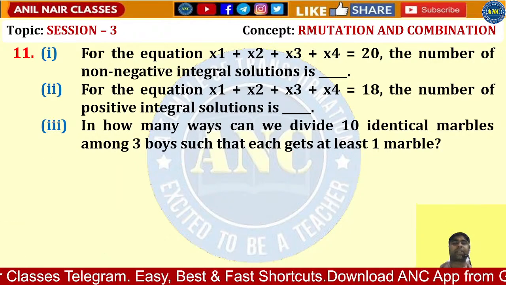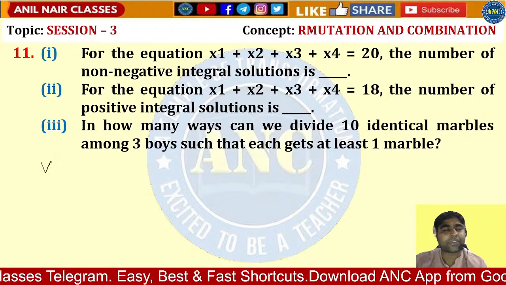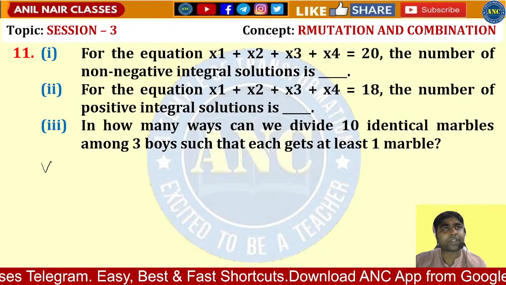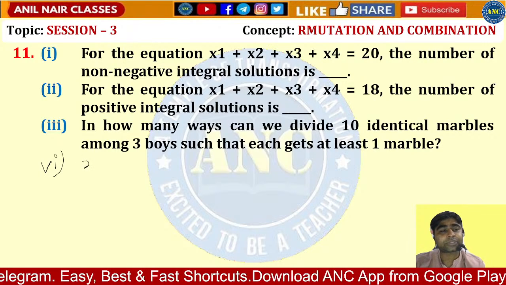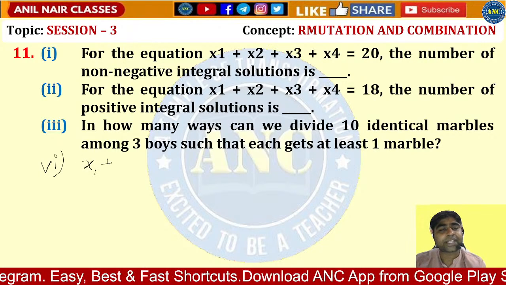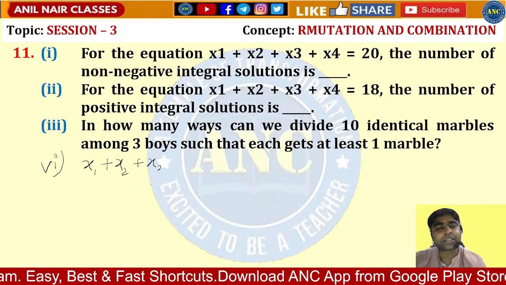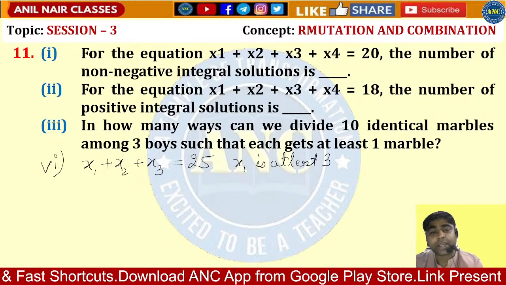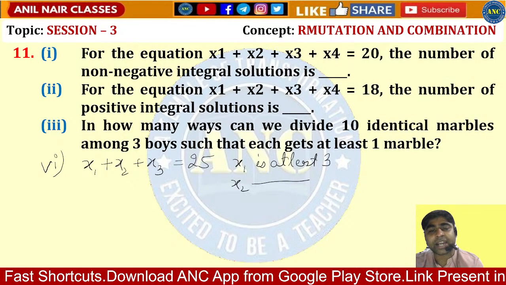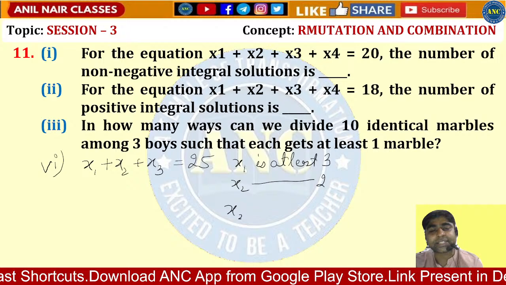Okay. One more thing, not very different. Fourth and fifth we have done. Sixth, if I say that x1 plus x2 plus x3 is equal to, let's say, 25, x1 is at least 3, x2 is at least 2, x3 is at least 4, something like this.